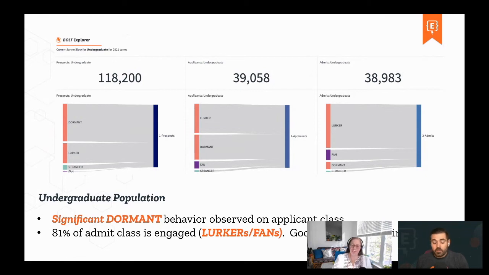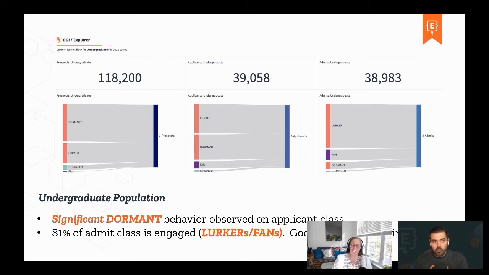Yeah. So one thing that we also think about: we're engaging with a lot of different institutions, and as they're joining Element, one of the things that we talk to them about quite a bit is a new way of thinking about their funnel and their engagement, and how they should be looking at their numbers and the predictability of their class.